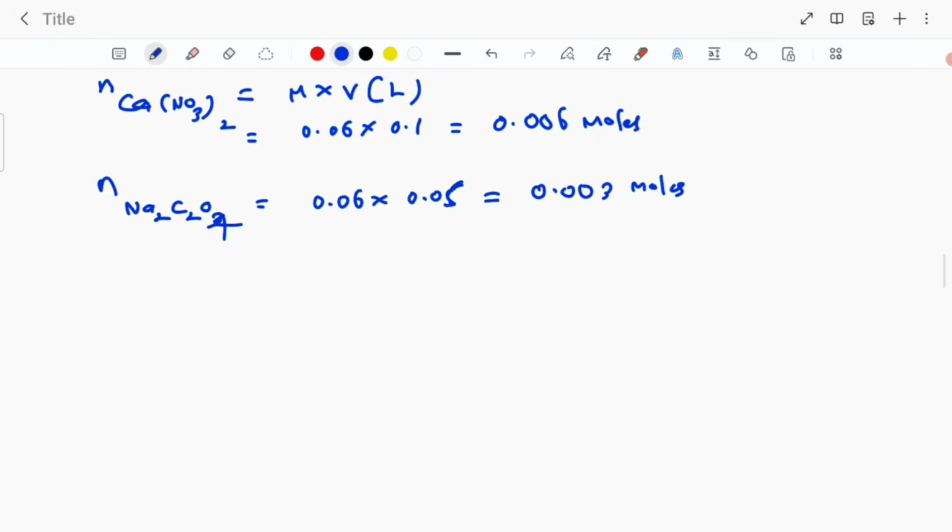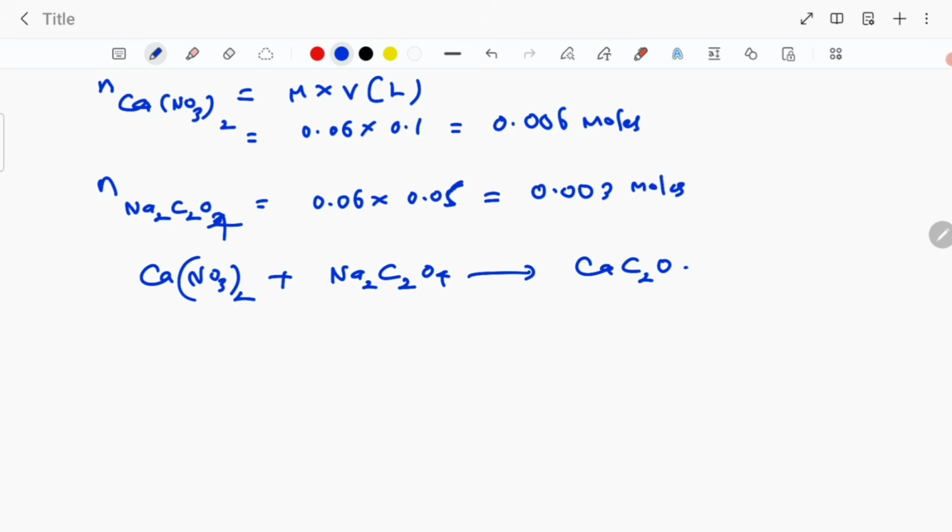Framing the reaction: calcium nitrate, Ca(NO3)2, plus Na2C2O4, sodium oxalate, gives calcium oxalate, CaC2O4, plus 2 NaNO3. Now it is a perfectly balanced reaction.